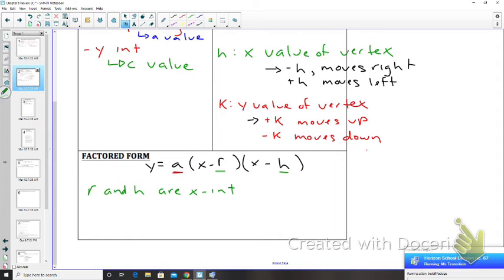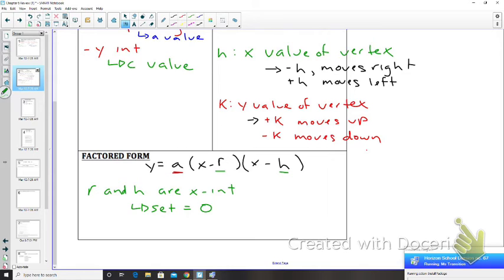We need to set each factor equal to 0. If it was a positive 2 x-intercept, it would be x minus 2, because 2 minus 2 is equal to 0. And if it was a negative 2 x-intercept, it would be x plus 2, because negative 2 plus 2 is equal to 0. We like that.